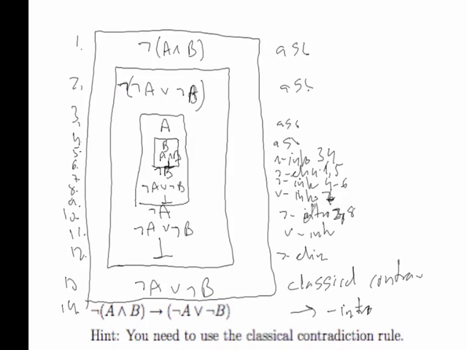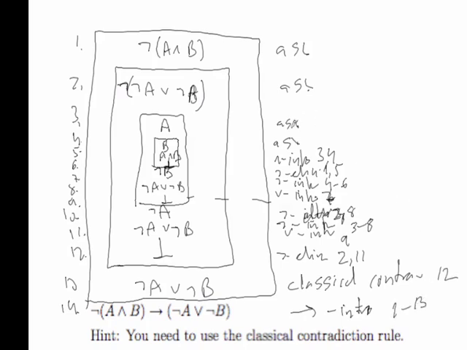Then we had a not introduction here, from line 3 to line 8. An OR introduction, that was from line 9. And finally we have a not elimination here from line 11 and line 2. And classical contradiction from line 12, and finally an introduction from line 1 to 13.